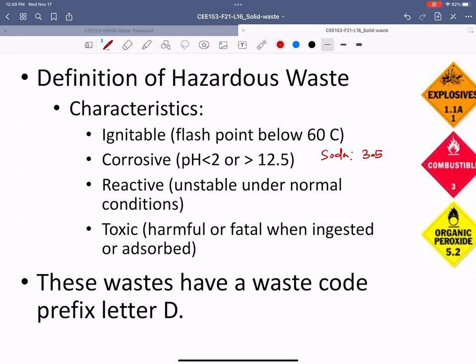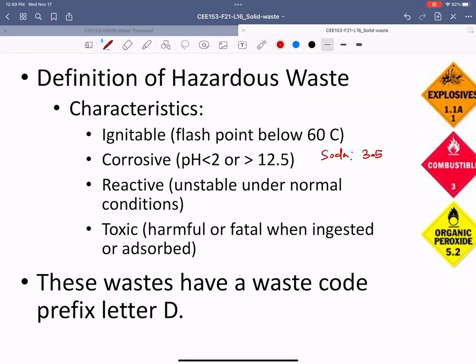That means there would be regulations, so many things. So that's why bleach is right at the border. It is very corrosive. That's why you should not use it so much. You should not dump too much bleach anywhere. It corrodes everything. So that's why the pH range is 12.5. Anything between 2 and 12.5 is not hazardous by definition.